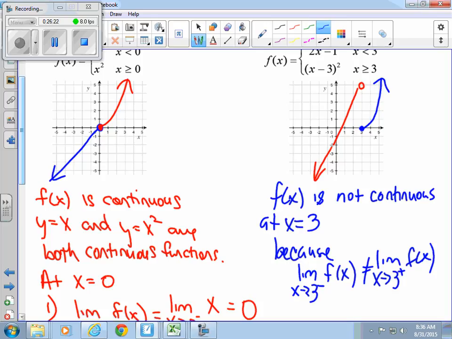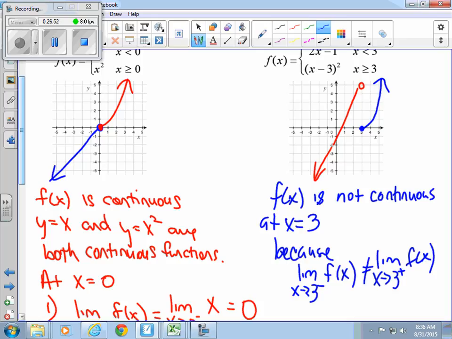Any questions about that one? Is that all we have to do to justify? That's all you have to do to justify, because if one of the 3 pieces doesn't work, then the whole definition is shot. So would you have to graph it? No. Only if they told you to graph it, but most of the time they won't. So since number 2 is easier to justify, can we just check that the limit from the left does not equal the limit from the right, 0 compared to 5?